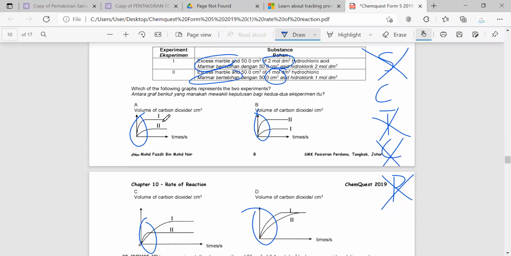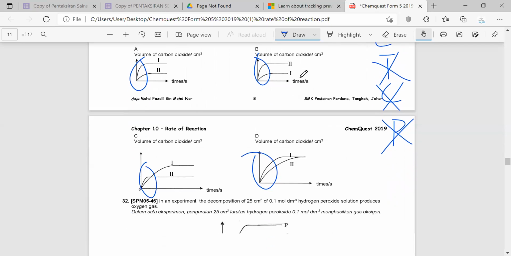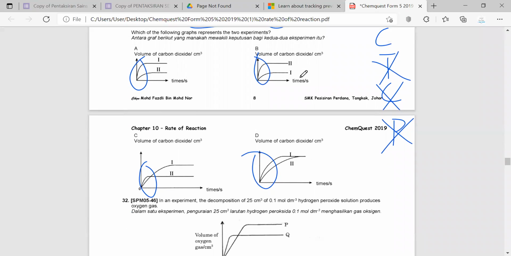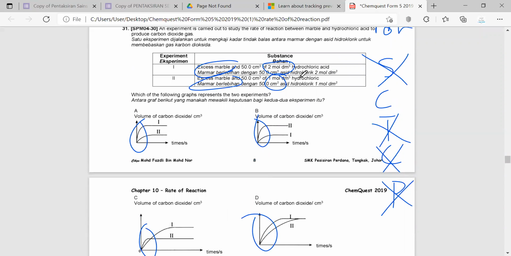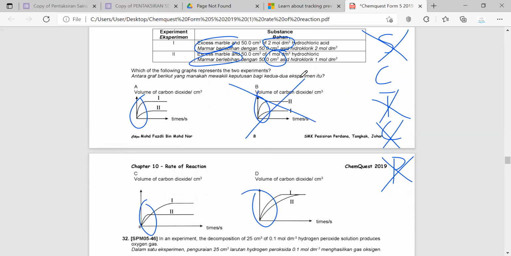Experiment 1 must be higher than experiment 2 because I've got 2 moles for experiment 1. So can I say B is my answer? Cannot. In B, 2 is higher than 1. The rest are correct.